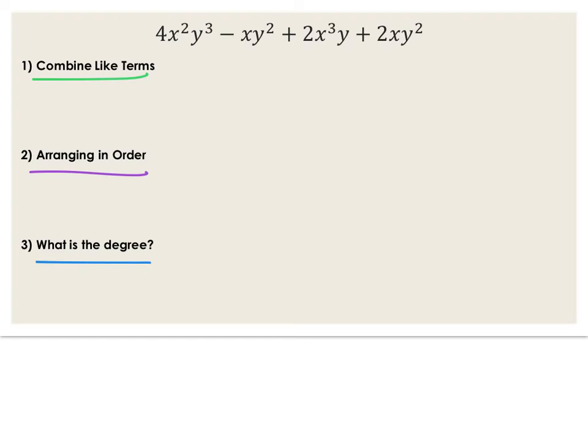So first and foremost, I want to combine my like terms. Like terms are all determined by the variable. And so this first term has x squared and y cubed. So I'm looking for any other term that has x squared and y cubed. That doesn't, that doesn't, that doesn't. So I can't combine him with anything, so he's just going to stay the same and be on his own.